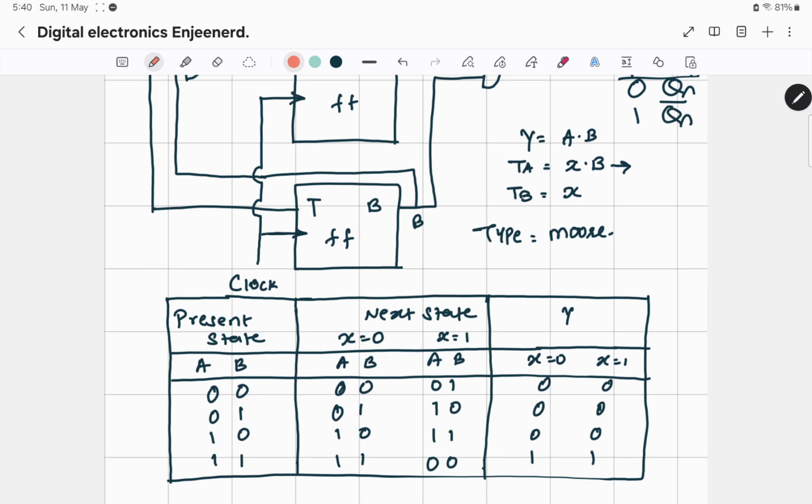My A is 1, my X is 0, B is 1, which means this is 0, and X is 0. So for 0 and 0, TA and TB, my value will be the same as the previous one. So 1 1 will remain as 1 1.